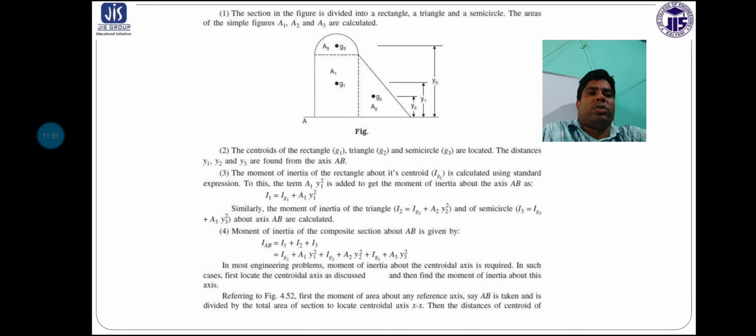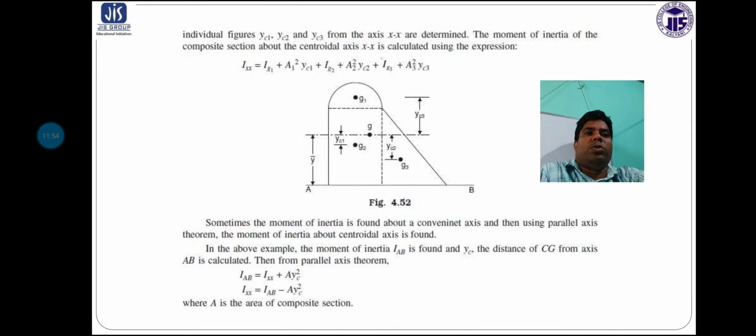Then the distances of the centroids of individual figures yc1, yc2, yc3 from the axis XX are determined. So the moment of inertia of the composite section about the centroidal axis can be calculated. I_AB is equal to I_XX plus A yc square, so I_XX is equal to I_AB minus A yc square, where A is the area of the composite section.